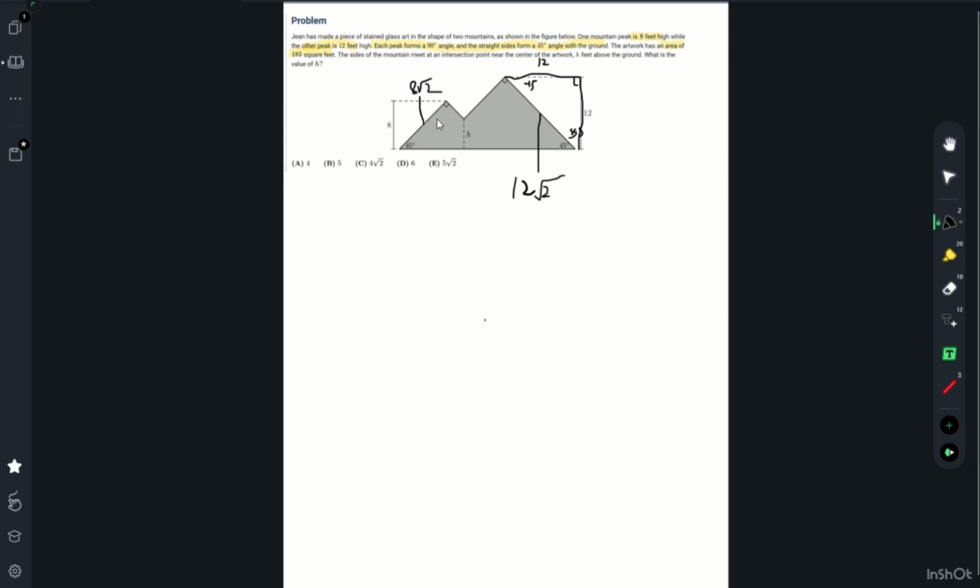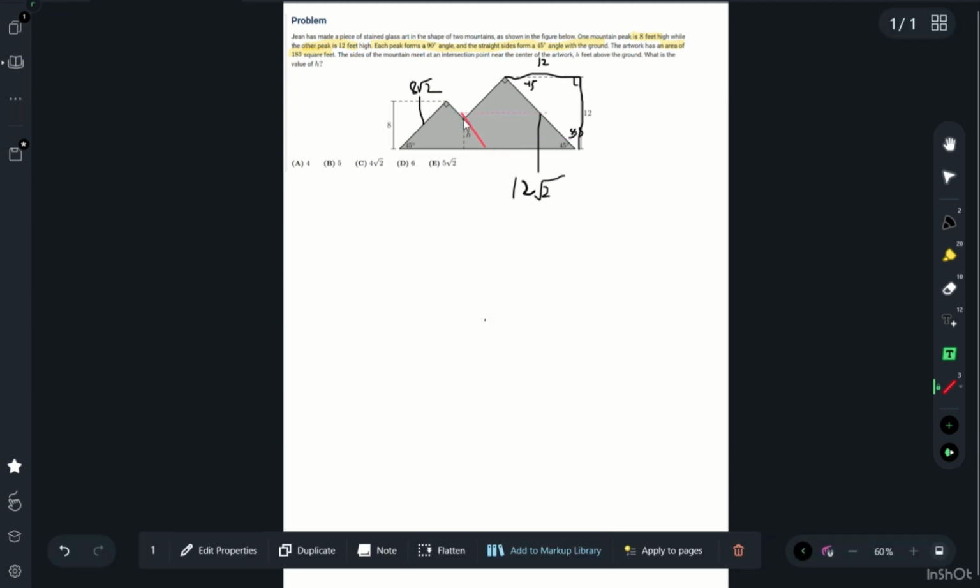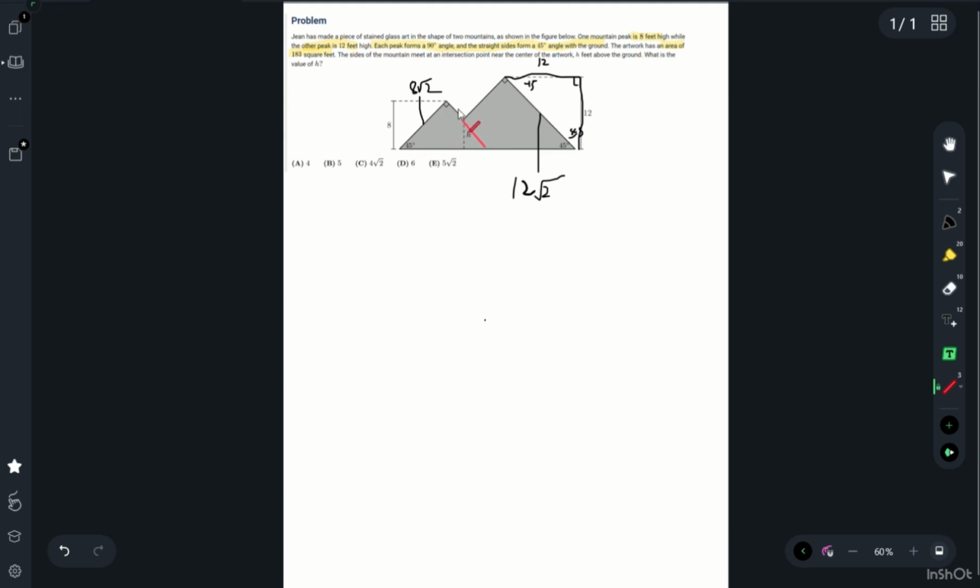One more thing we can do is turn this into the overlap part of the triangles.